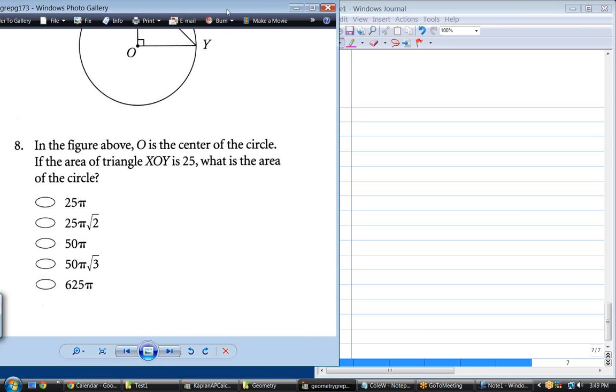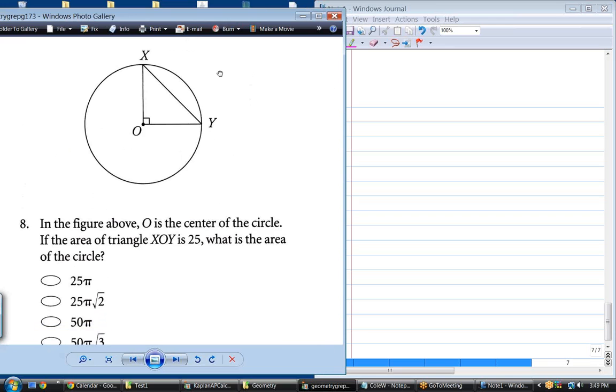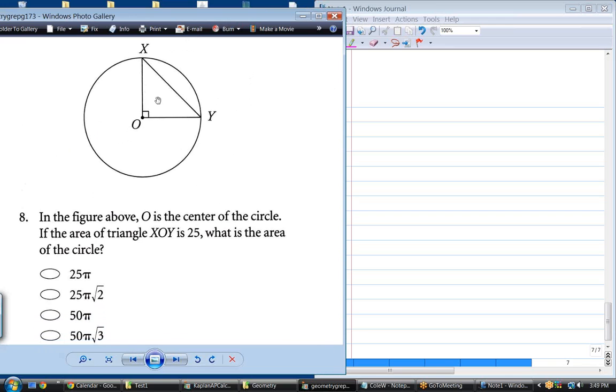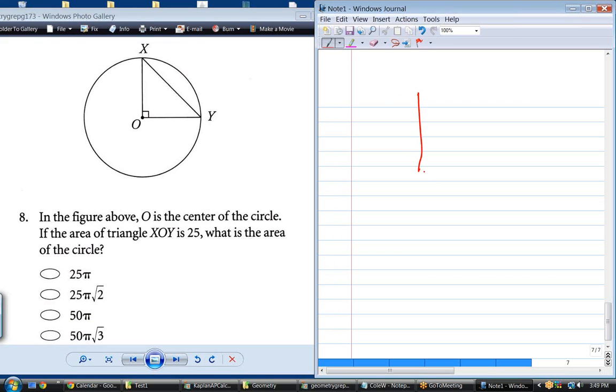Allows us to calculate the radius, wouldn't it? Well, they've given us the area of the triangle. We're looking at a triangle, but it's not just any triangle. It's a right isosceles triangle. This side here is the same as that side there, because all radii are the same.